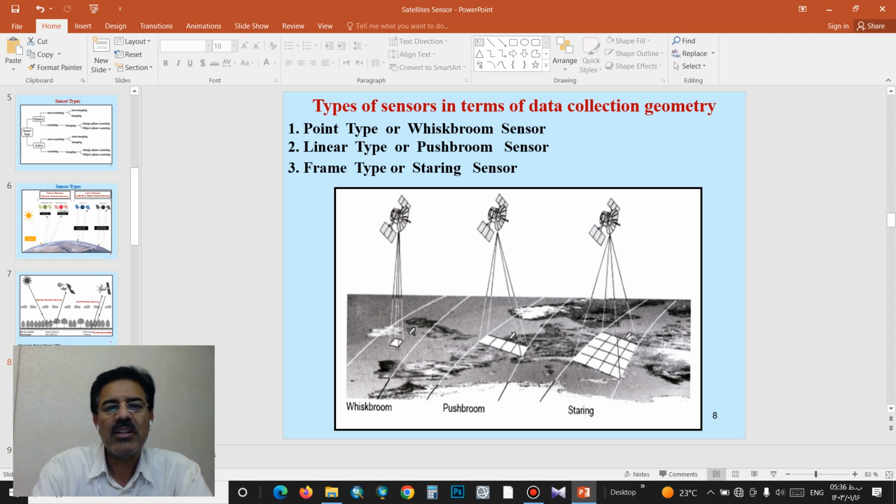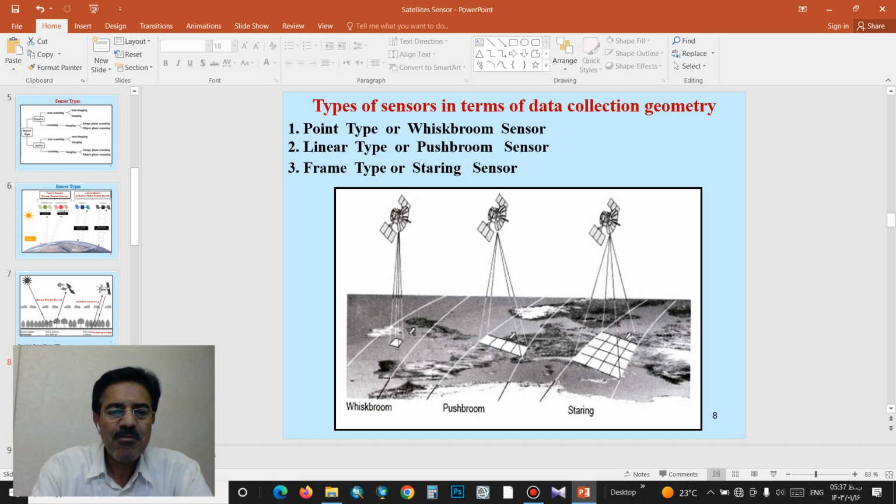But this slide shows types of sensors in terms of data collection geometry. Number 1, point type or whisk-broom sensor. Number 2, linear type or push-broom sensor. And number 3, frame type or staring sensor.